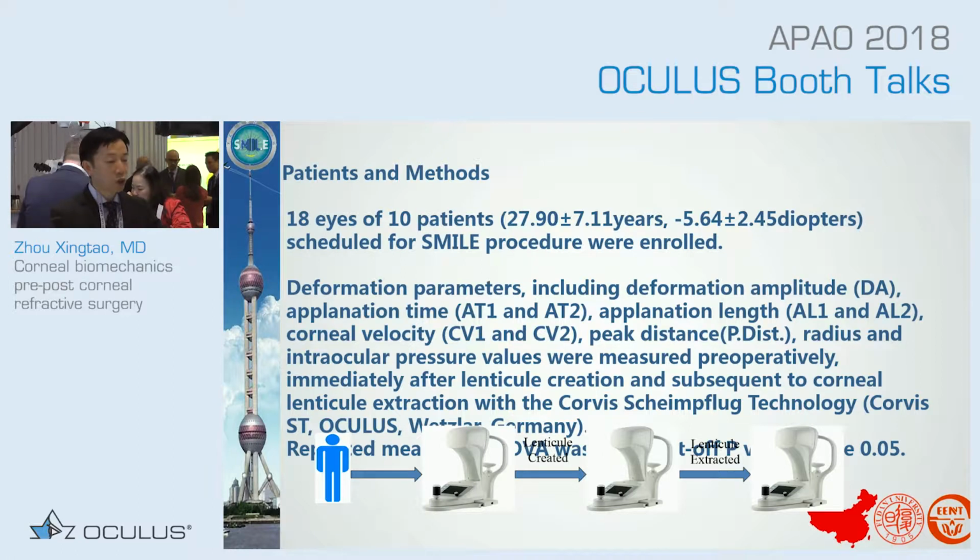Deformation parameters, including deformation amplitude DA, AT1 and AT2, AL1 and AL2, CV1 and CV2, with peak distance, radius, and intraocular pressure values, were measured preoperatively, immediately after lenticule creation, and subsequently after lenticule extraction with the Corvis ST. This means the patients, just before going to the operation bed, had all those data measured by the Corvis ST, and after the creation of the lenticule, without the next step, they moved to the slit lamp to check and then were measured with the Corvis ST.